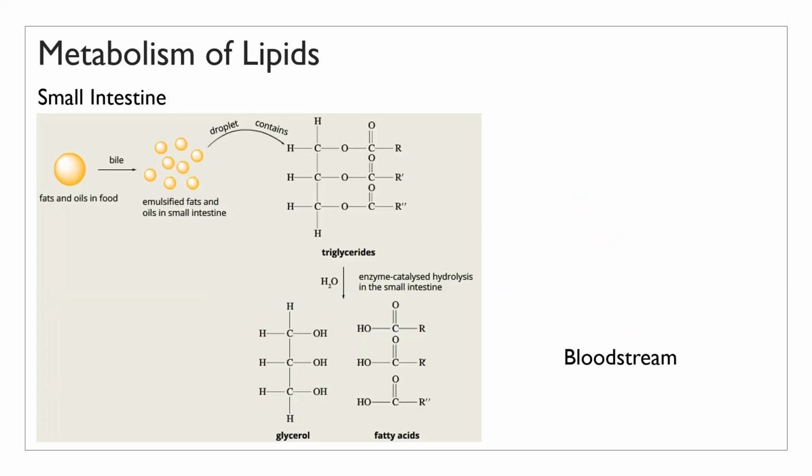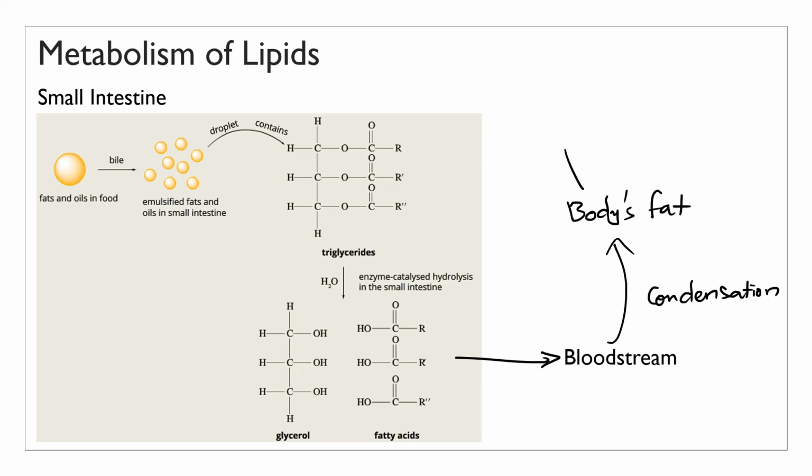And this is going to go into the bloodstream where it undergoes a condensation reaction to make the body's fat, which has other functions as well. It's not always energy storage, but energy storage is the main function that we're going to talk about in VCE chemistry. I'm sure the bio people can tell you all about cell membranes. But that's the end of this dropoint. Thank you.